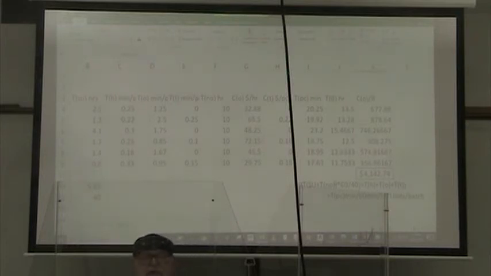I wish I'd cheated and had the instructor's manual here with me. All right, so it looks like it's $4,142.74. Did you get that?